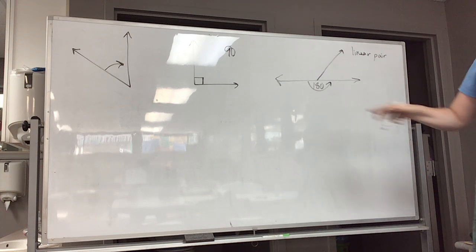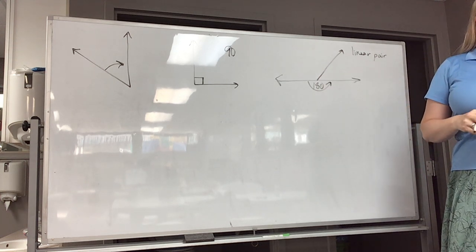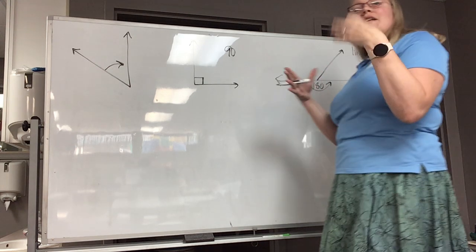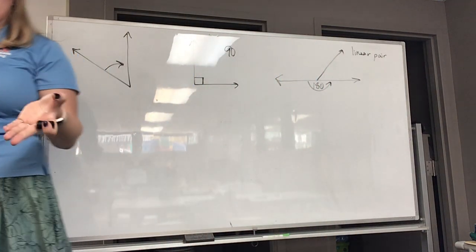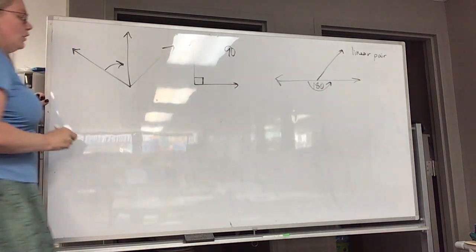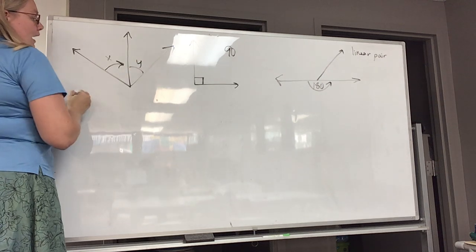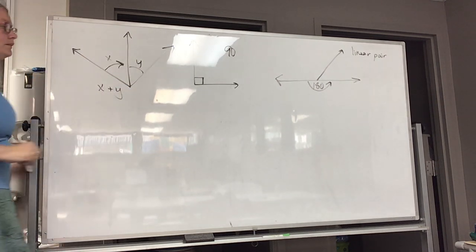And the two angles together add up to 180. Just like we just did that segment addition, that the two pieces added up to the whole piece, or the whole thing minus the piece we know equals the piece we don't know, that is also going to happen with the angles. So if we call this x and this y, the whole thing is x plus y.